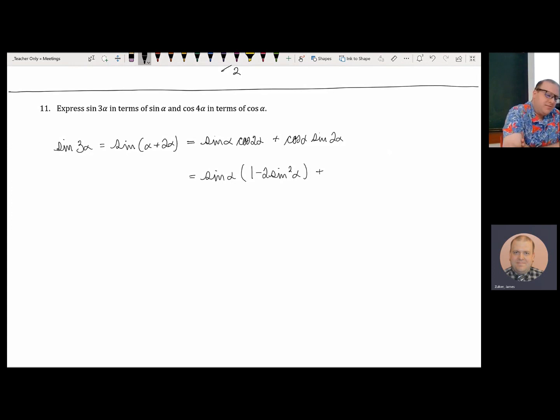Sine of 2 alpha is 2 sine cosine. Well, that first part's now in terms of just sine.